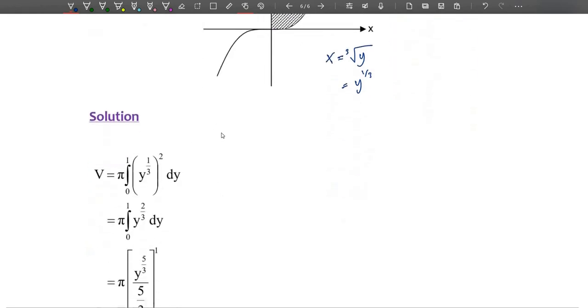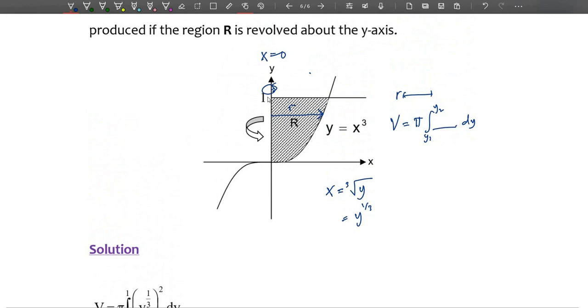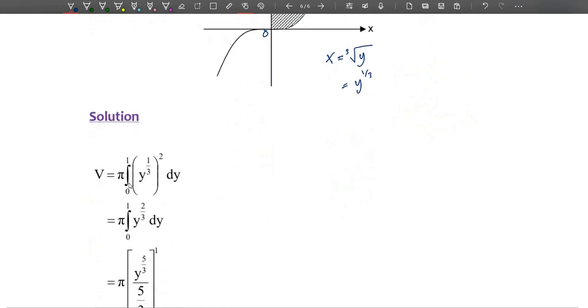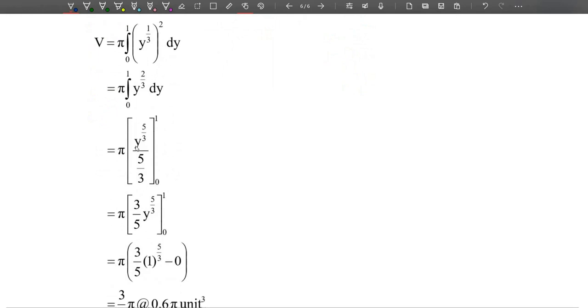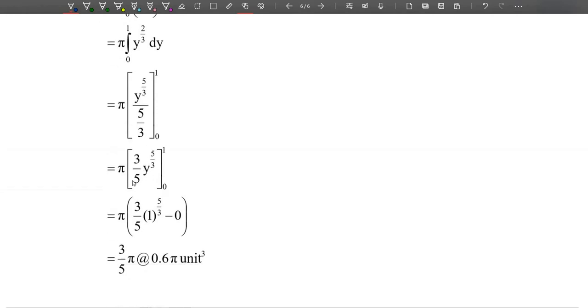Since the value has been given as 1, we need to integrate from 0 to 1. V is equal to pi, integrate 0 to 1, y to the power of 1 over 3, squared, with respect to y. Here it will be y to the power of 2 over 3. Integrating y to the power of 2 over 3 gives y to the power of 5 over 3 over 5 over 3, which can also be written as 3 over 5 y to the power of 5 over 3.